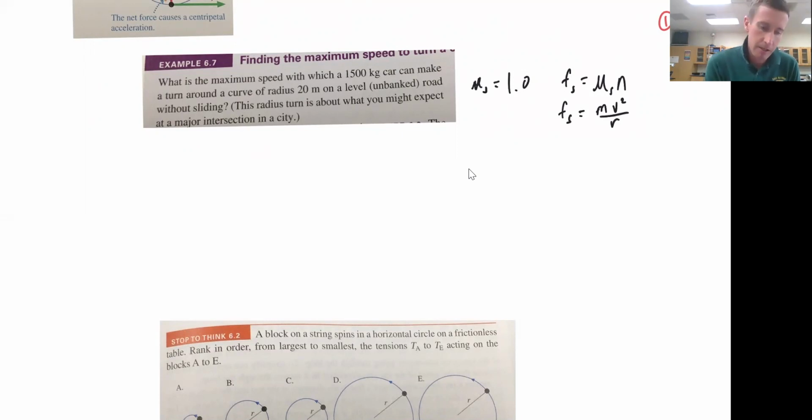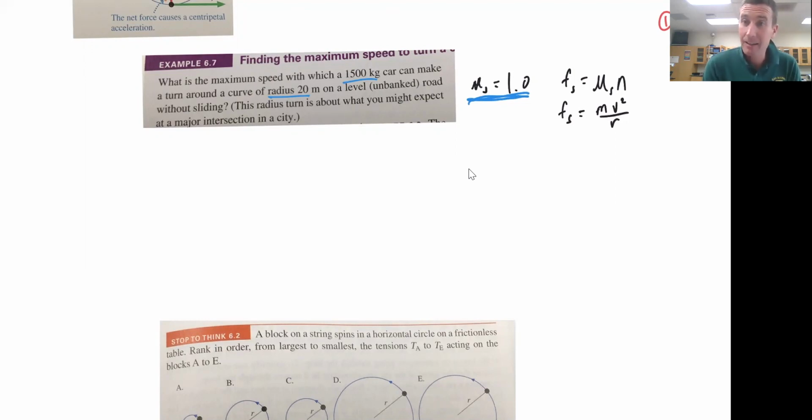I've got a 1,500 kilogram car. I have my radius, and I assume that the car has tires on it, and that the road is made of concrete or asphalt. So if that's true, then I can say that the coefficient of friction for rubber on concrete is 1.0.